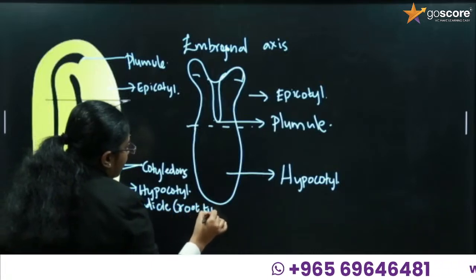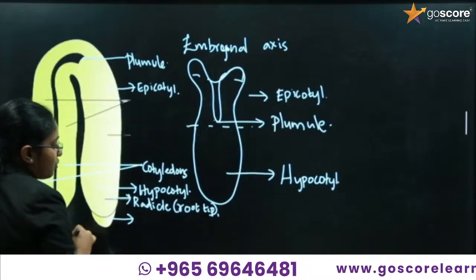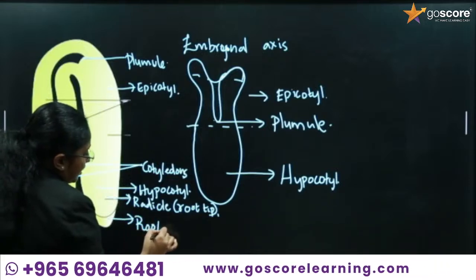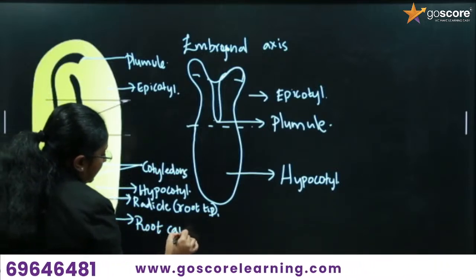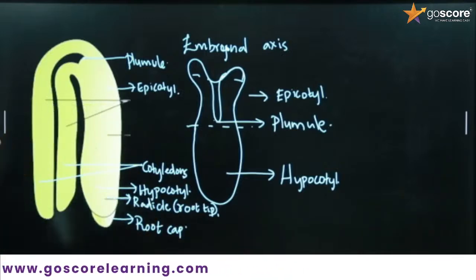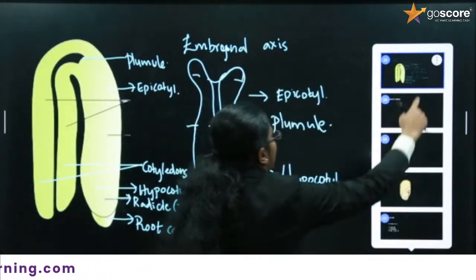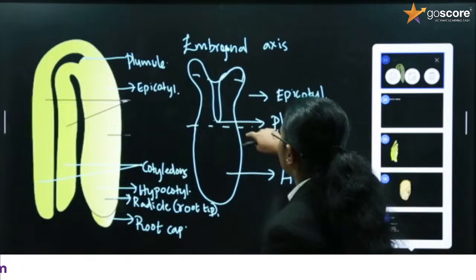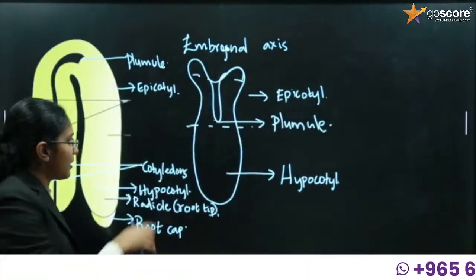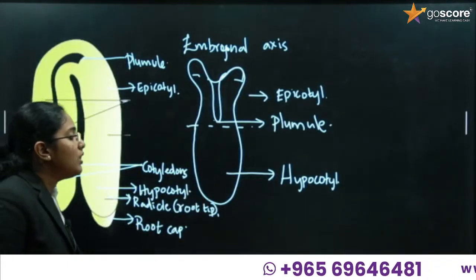Then there is a small covering for this root tip and we call it the root cap. So this is the structure of the dicot embryo. You have to study how to draw the dicot embryo. I just drew this to make you understand that there is an embryonal axis. Actually, you have to study this image.